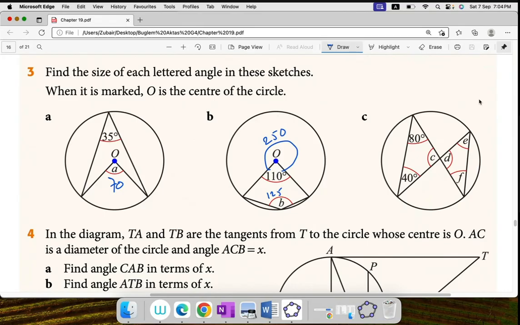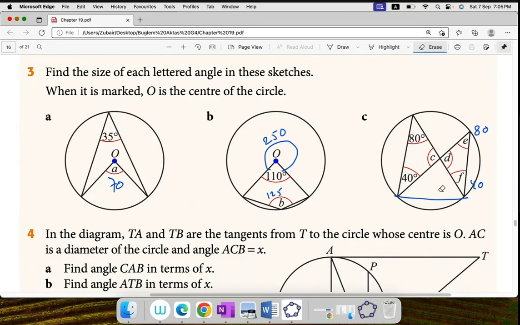C part. Go for E. E is equal to 40. E is equal to 80. And then F is 40. They are not alternate because this arrow is not there. Okay.